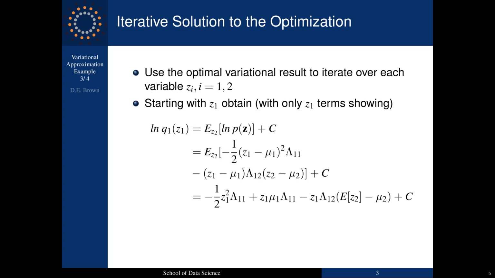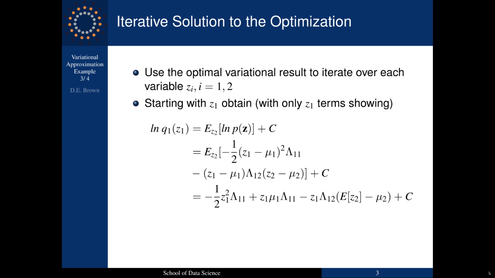So we can start with z1, and if we start with z1, we only need the terms where z1 is actually in the expression. We don't need any of the other z2 terms there. However, we will actually take the expectation through once we get this expression of z1, which is shown here. We'll take the expectation through for z2.